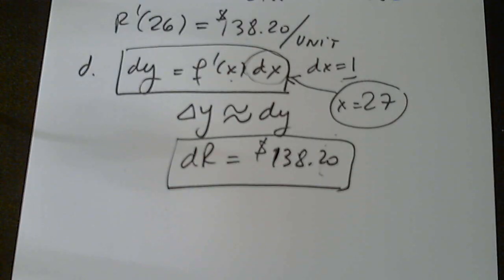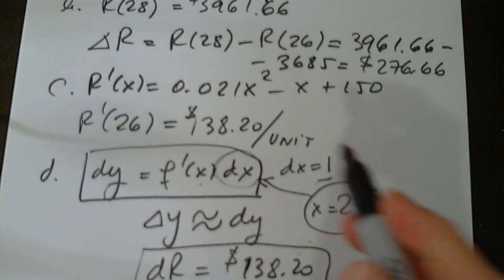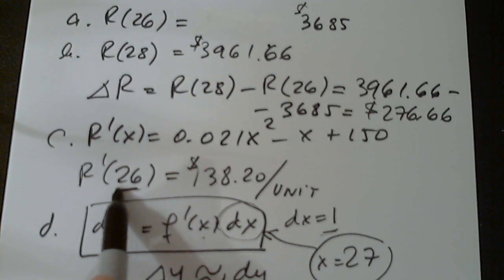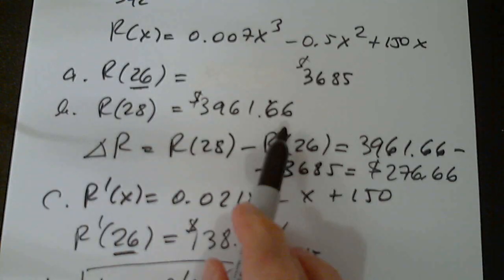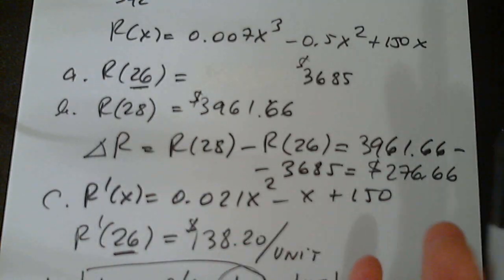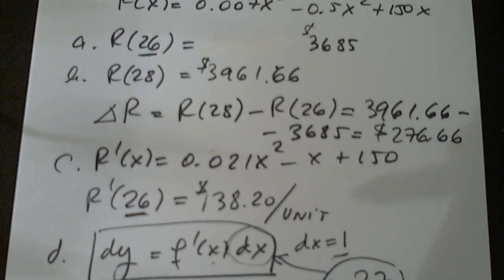Yes? Is the dx one just because of the difference between 27 and 26? Yes. Just to make sure. Yes, because the whole concept is 26. They're throwing at us the 27 as well, but that's a side issue.